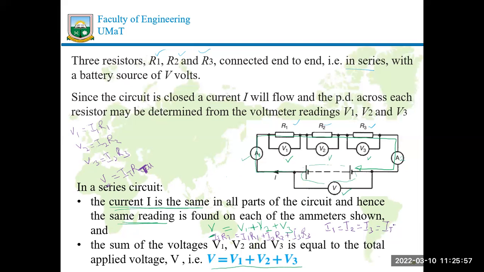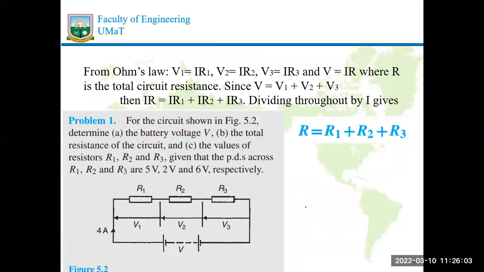And that we can call I. With that in mind, if I cancel out all the I's, I'll be left with an equation which says the total resistance will be equal to R1 plus R2 plus R3. So RT is equal to R1 plus R2 plus R3.